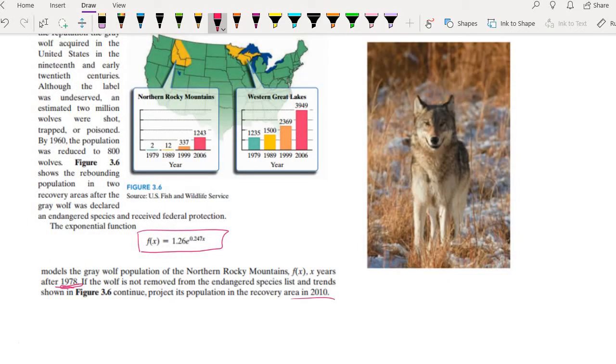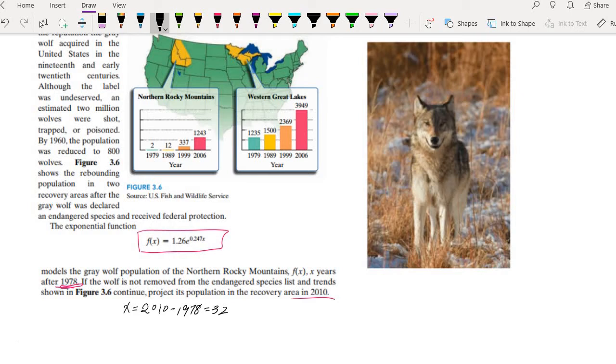Okay guys, this question seems very complicated, but it's really not bad. x is x years, so we're talking about from 1978, and then we have to project to 2010. So basically our x is 2010 subtract 1978, which gives us 32 years.